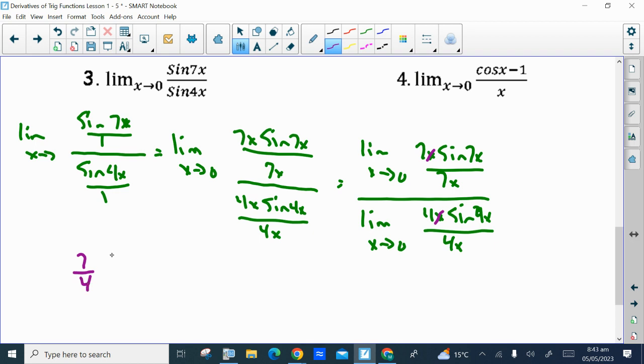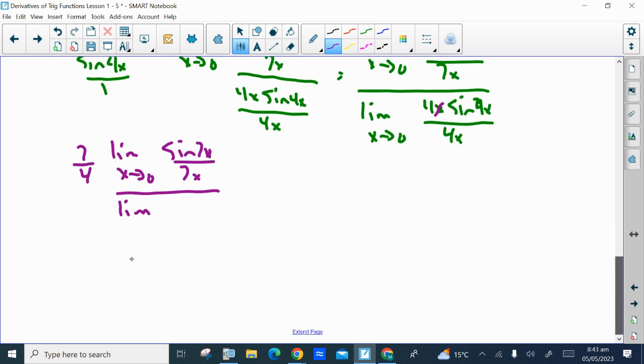And it'll be times the limit as x approaches 0 of sine 7x over 7x, all divided by the limit as x approaches 0 of sine 4x over 4x.